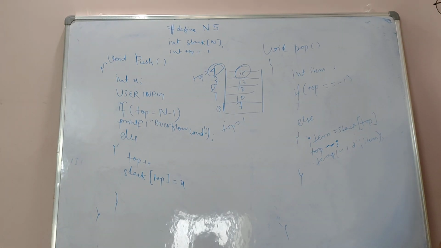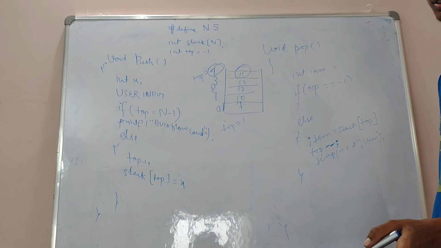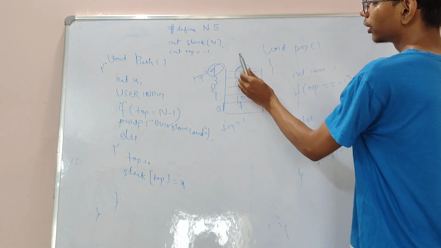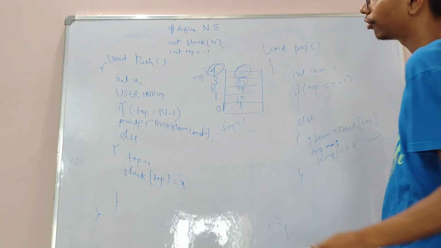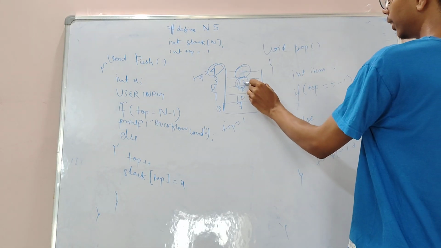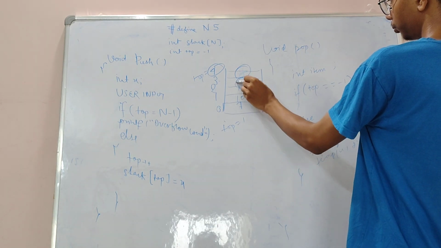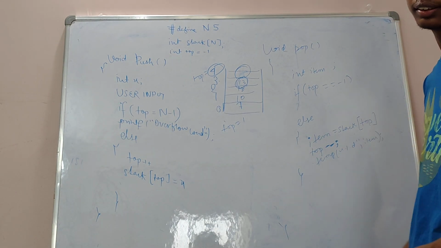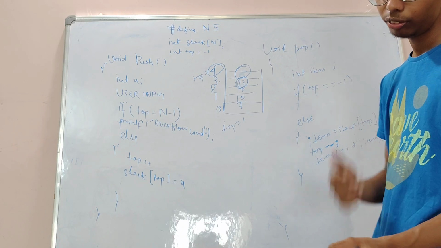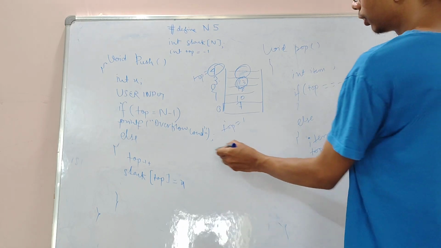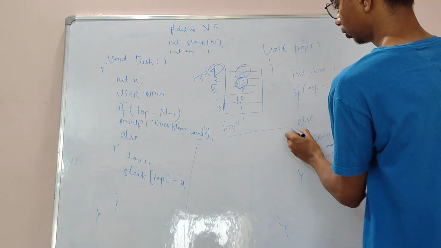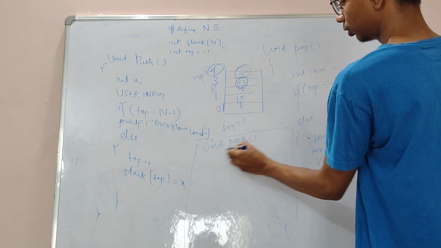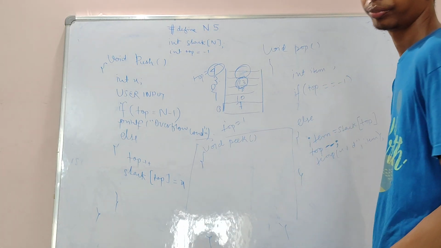Now if I want to peek, if I want to see the topmost data, suppose I deleted 15 and then I want to see the topmost data, what I will do is define a function void peek.